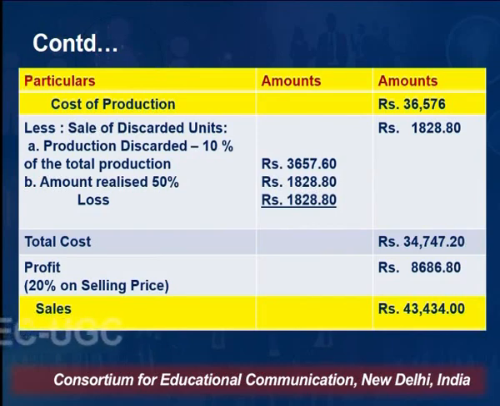If I say 500 units is basically my output which I need, so more than that might have been introduced, and 10% of that is going to be a subtraction from that, and it is going to increase my per unit cost, because total cost is divided by number of units. So say if here we need 500 units, that unit could have been less than that. But since the question is reporting that sale of discarded units is at 50% of the cost, we have simply done so. So my point here is to make you understand why we are reducing the cost of production by this sale of discarded units. And at times my learners are asking, sir, where will this loss go?